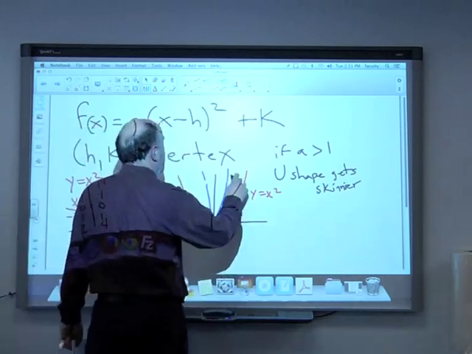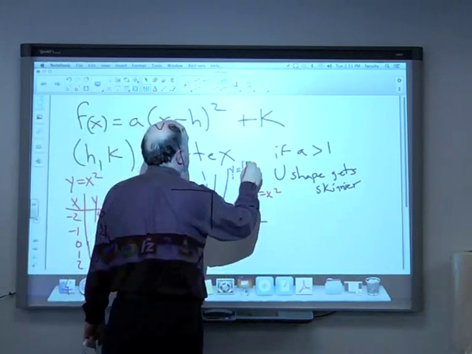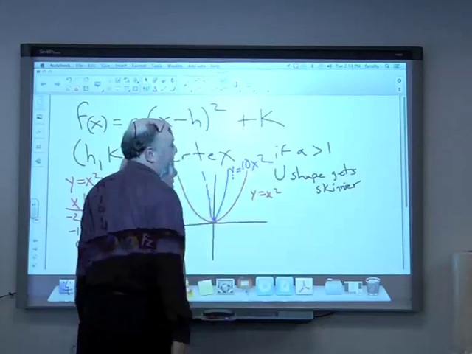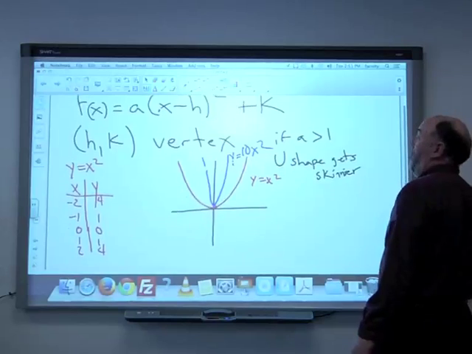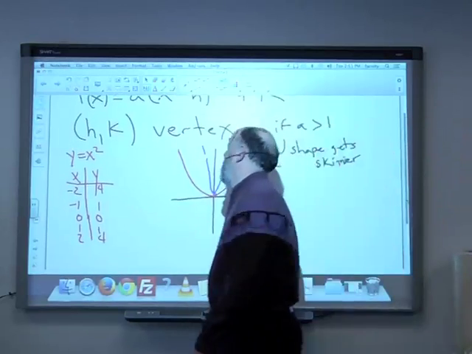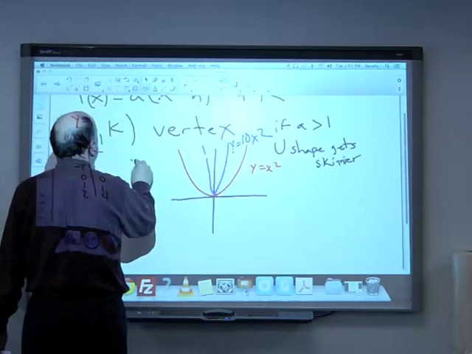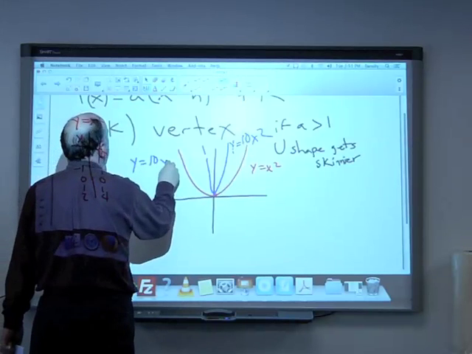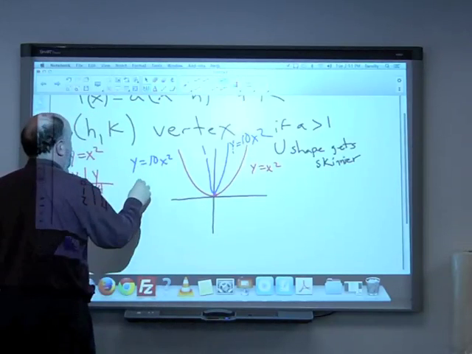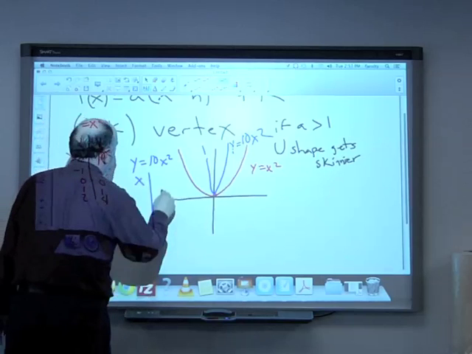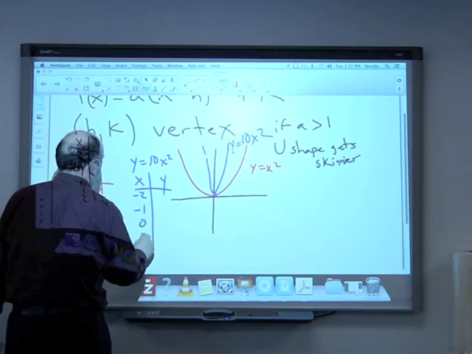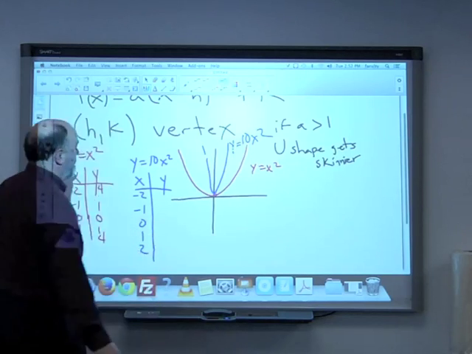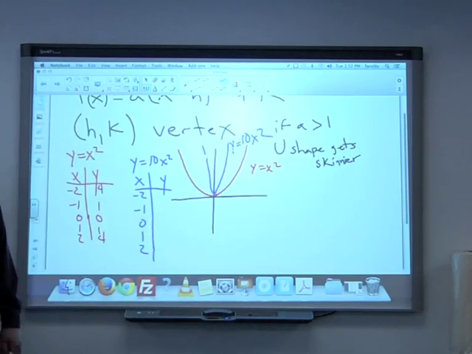Let's do the blue graph. In the blue graph, I said it's going to be y equals 10x squared. So now I want to do the chart for that one. If I do the same numbers, -2, -1, 0, 1, 2, what's -2 squared? 4.